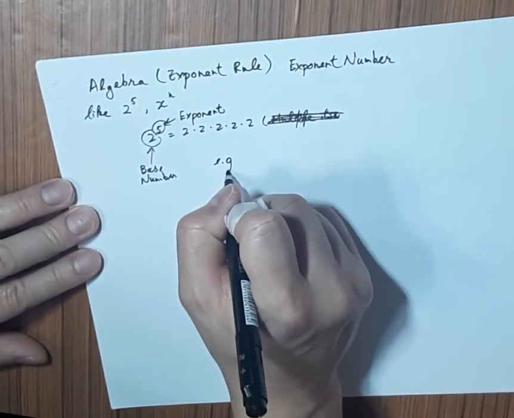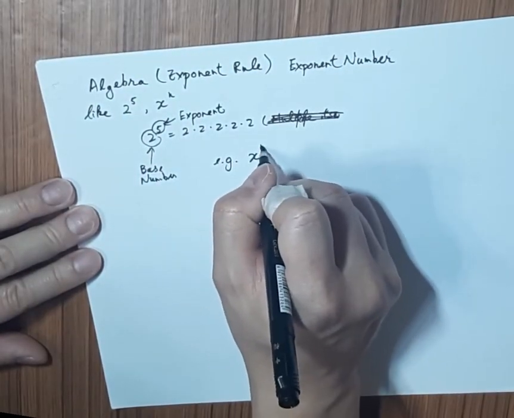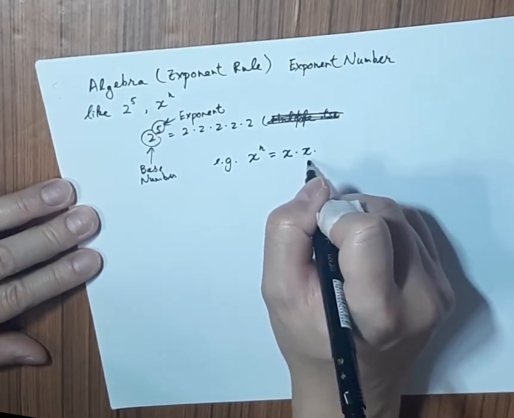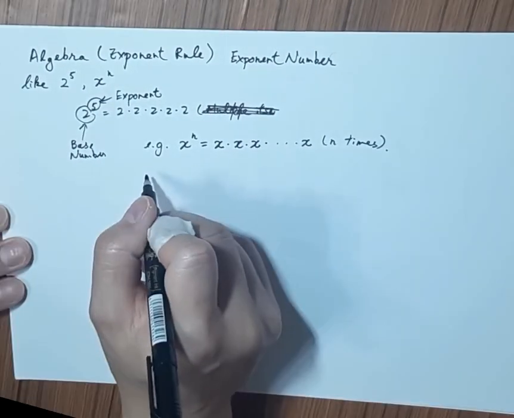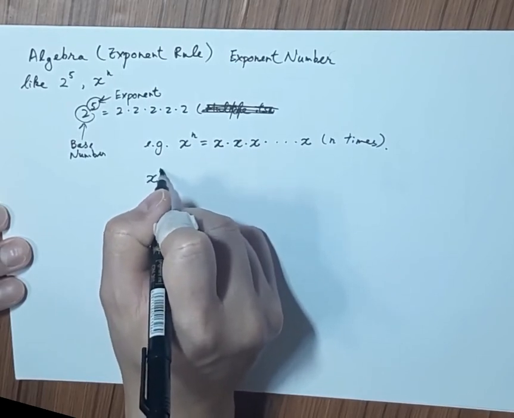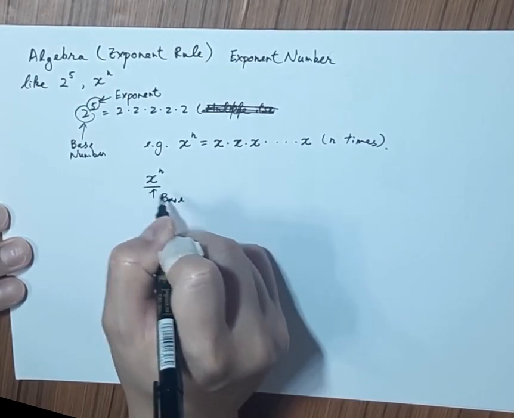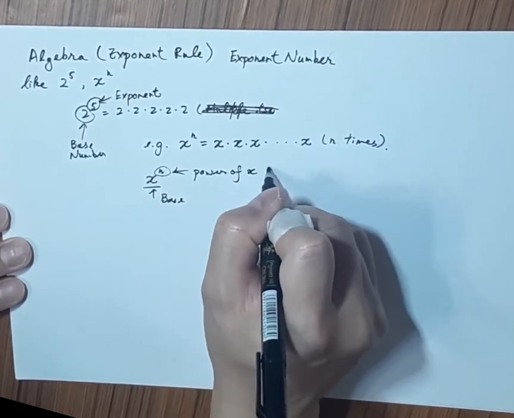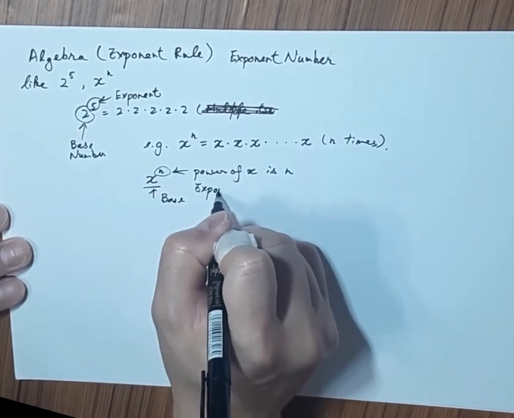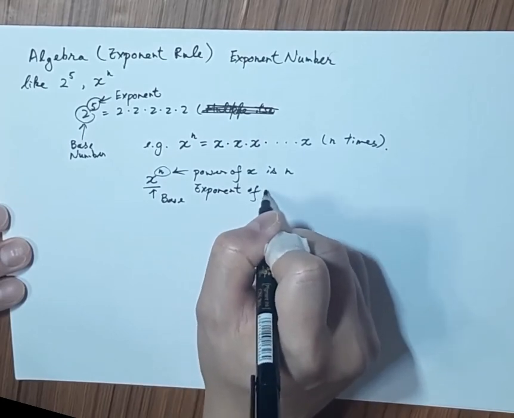For example, if we write x to the power of n, it means x times x times x, n times. In conclusion, in x to the n, the base number is x, and the power of x is n, or we call the exponent of x is n.